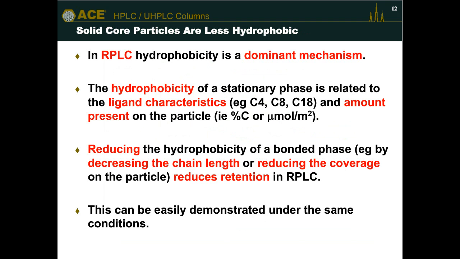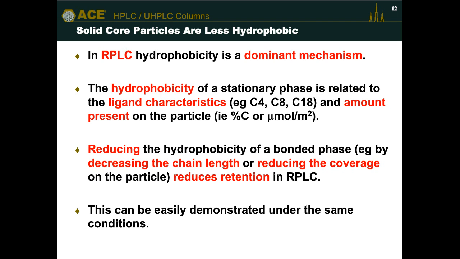Now, as mentioned, reverse phase is predominantly a hydrophobic interaction with our analytes. And one way in the past we've chosen to speed up methods is to reduce the length of the alkyl chain on our stationary phase.